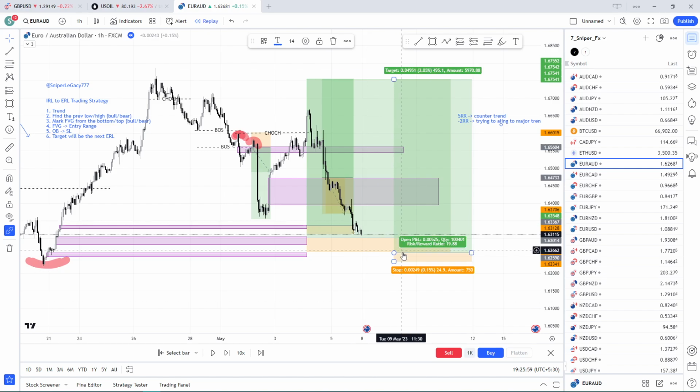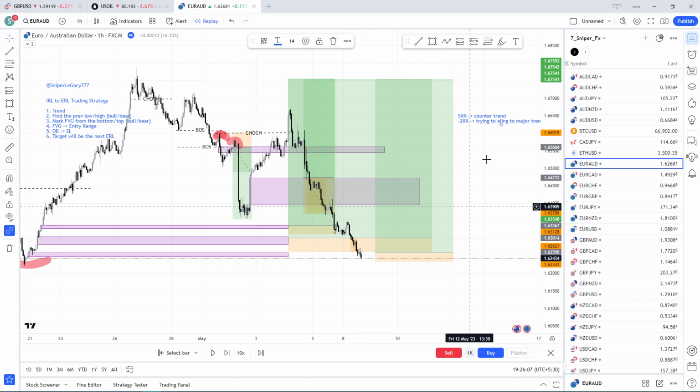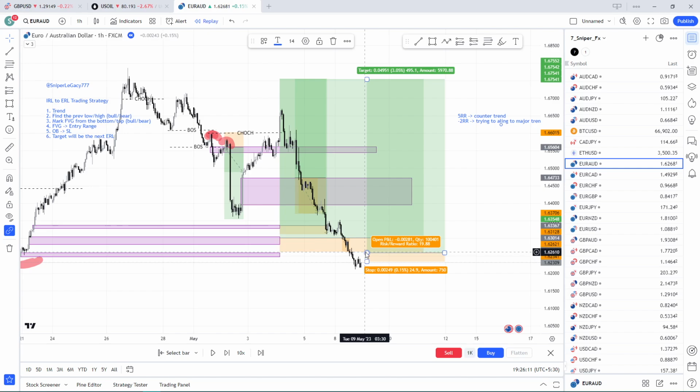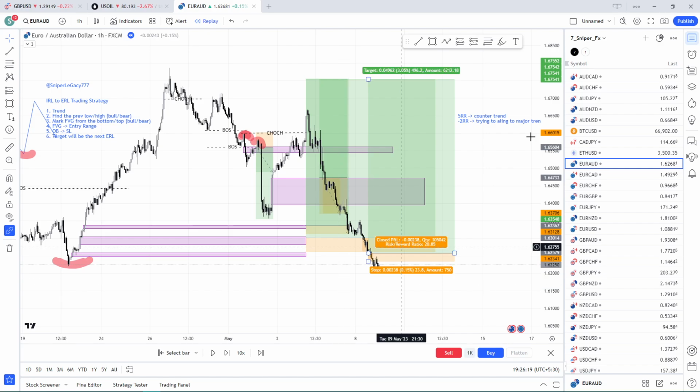Now I'm going to play until we have both the SLs, or until whatever happens, I don't know. We have another SL. I think we have this SL also, guys. That is what happens in the market, right?